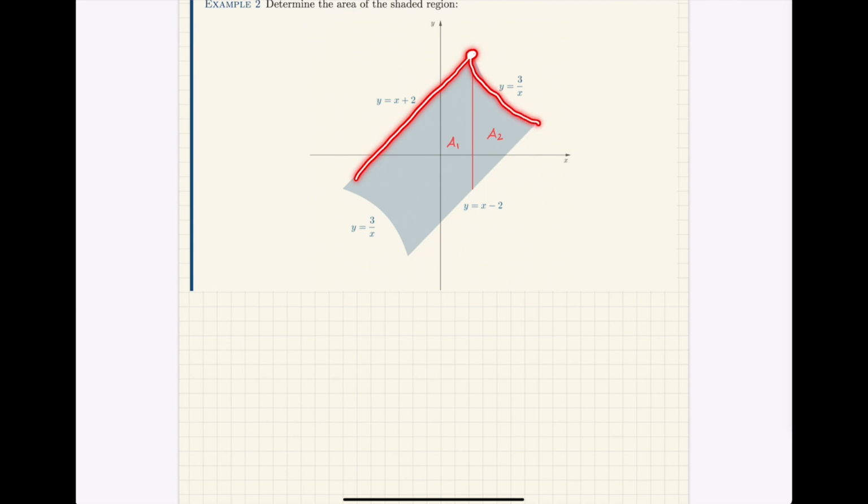So I solve a system of equations and find the x-coordinate of this point. The x-coordinate of this point is exactly this number, hopefully understandable for everyone. So the first thing that we do, we just solve a system: y equals 3 over x, and the other one is y equals x plus 2.